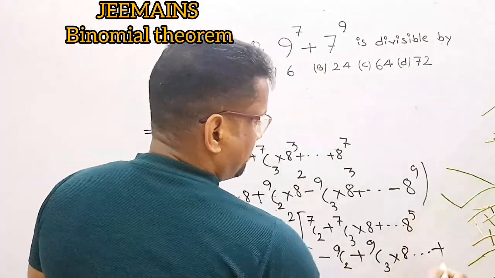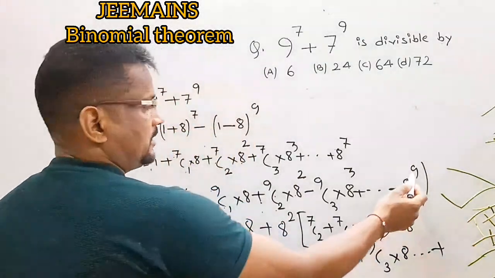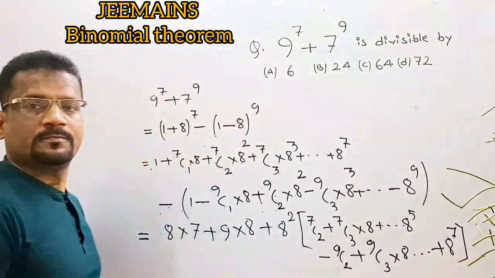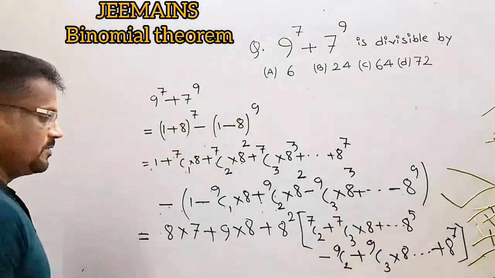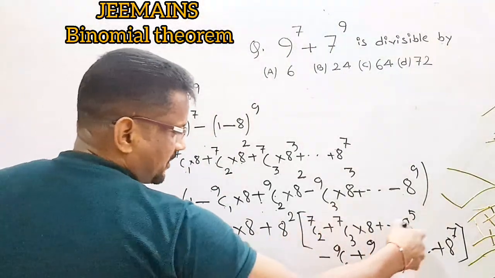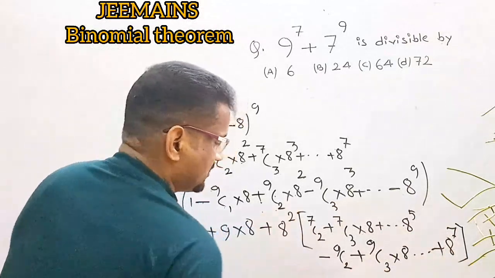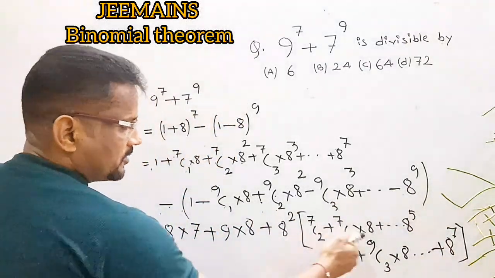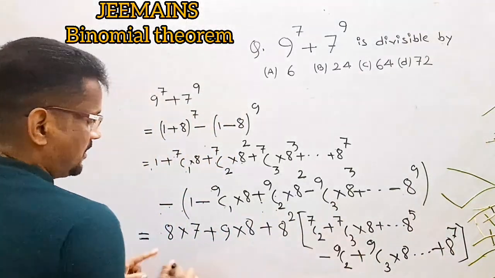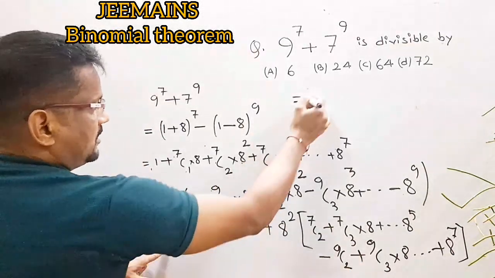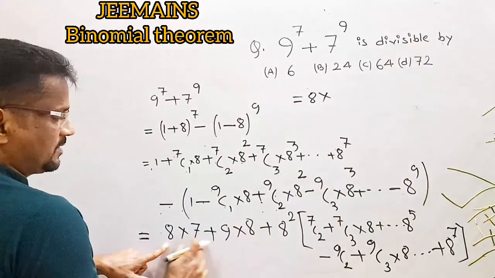Here plus 8 square common, 8 to the power 7 will be left. I mean to say whatever comes, some integer will come. Inside this bracket this part is an integer. That is 64 into some integer.